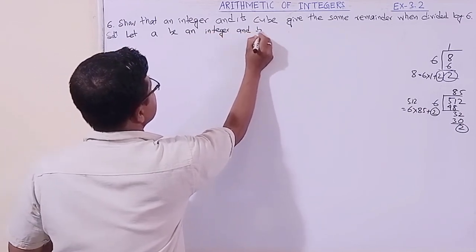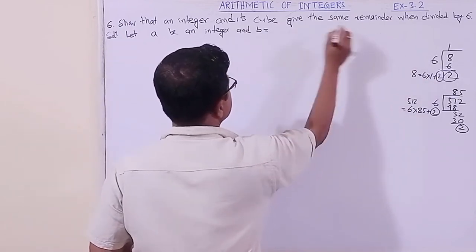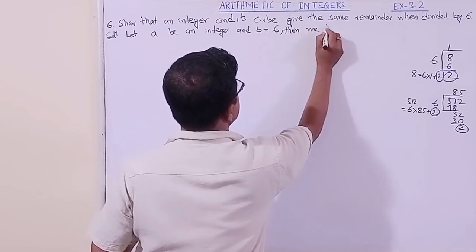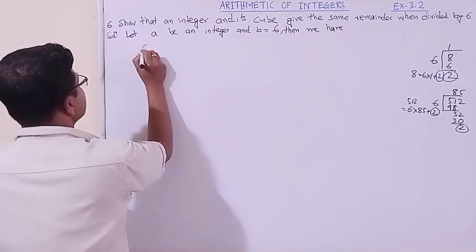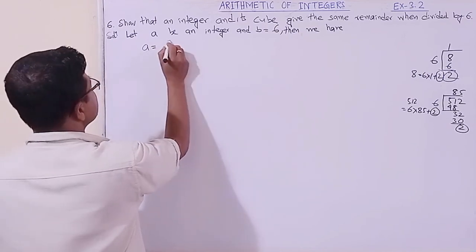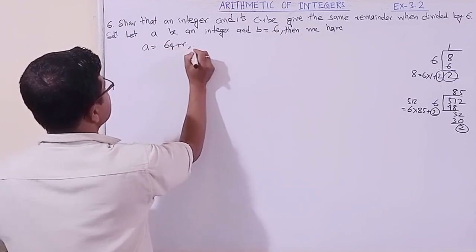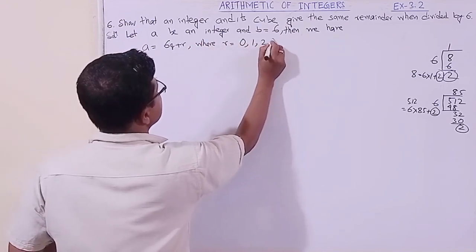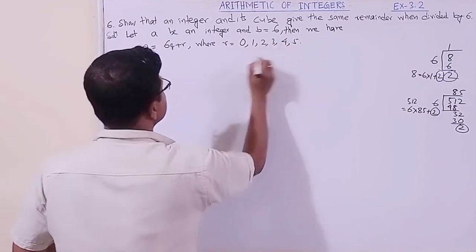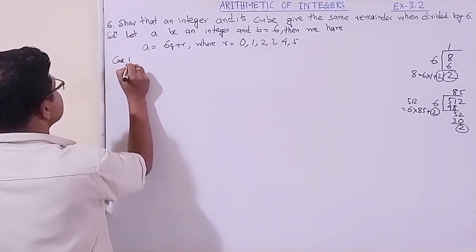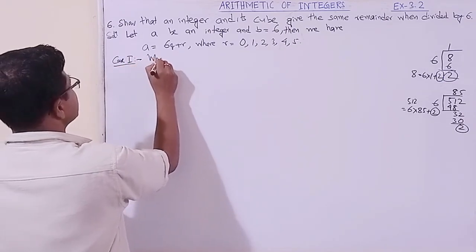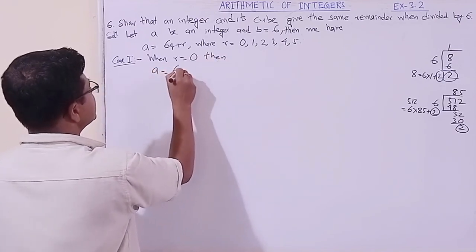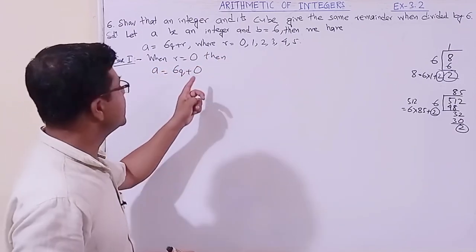And b is equal to 6, as we can understand. Then we have a equal to 6q plus r, where r is equal to 0, 1, 2, 3, 4 up to 5. Is it okay? Case 1: when r is equal to 0, then a is 6q plus 0, the remainder is 0.